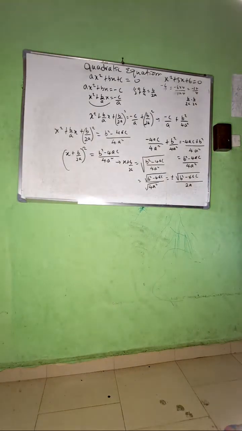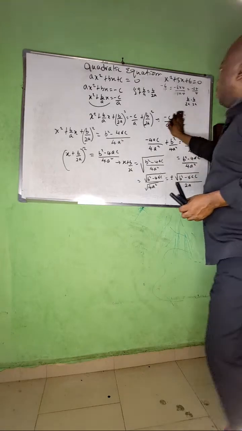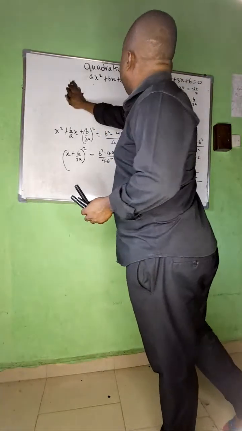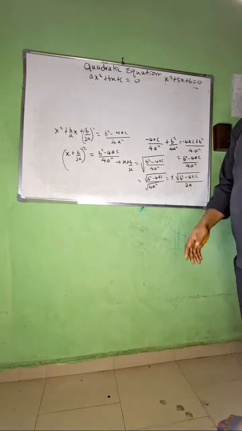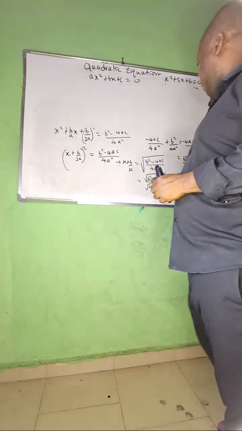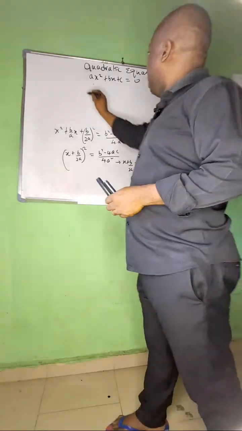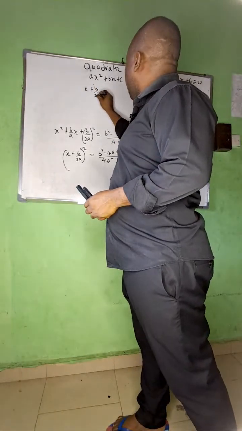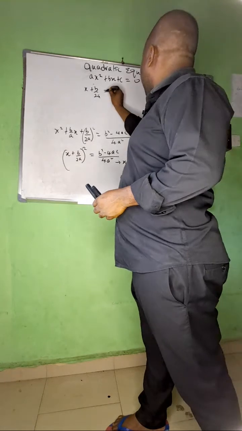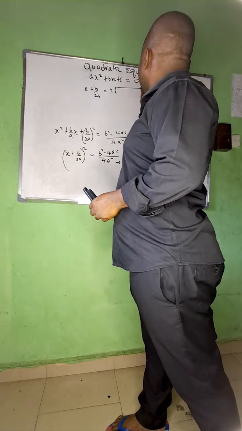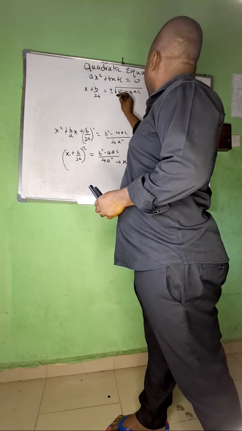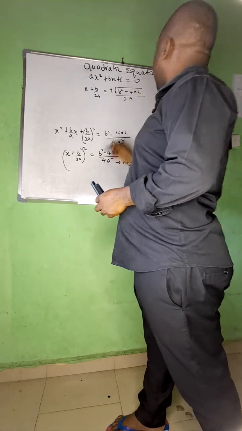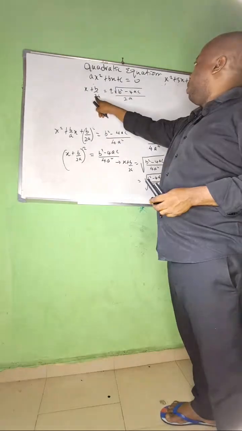Now, I have to wipe here. So from here, x plus b over 2a equals plus or minus square root of b squared minus 4ac all over 2a. Now, b over 2a crosses over.